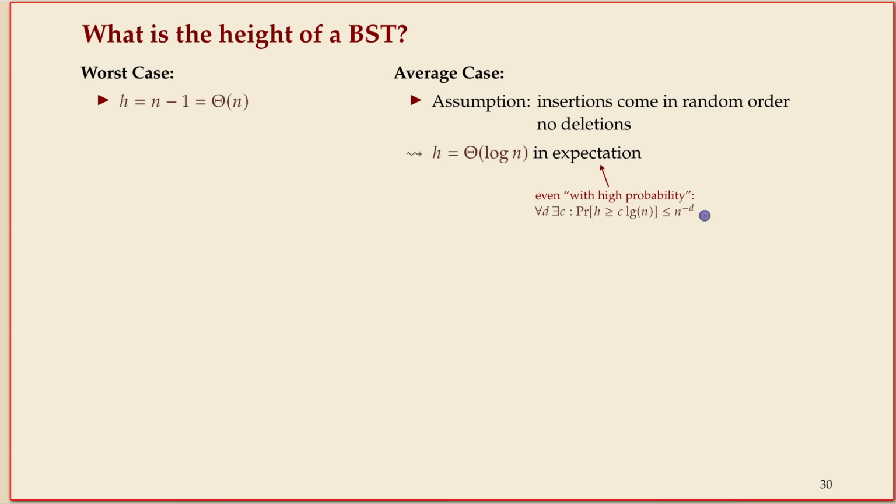For the experts, we say with high probability, the height is logarithmic, and it's spelled out here in detail what I mean precisely by that. And there's interesting proofs behind this that we'll skip. But in a sense, if you have any reason to believe that your keys come not in the worst case order, but there's some randomness in the process, you will not see such a high binary search tree. It almost always is fine. Okay.